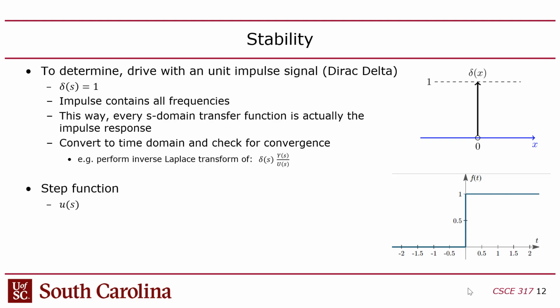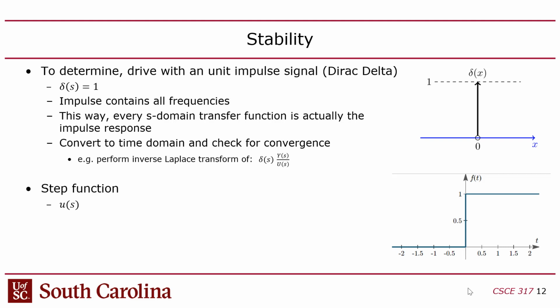Okay, so this is what I already mentioned. This Dirac delta is just a fancy word for an impulse. The impulse magnitude is obviously bounded, it has to be finite.